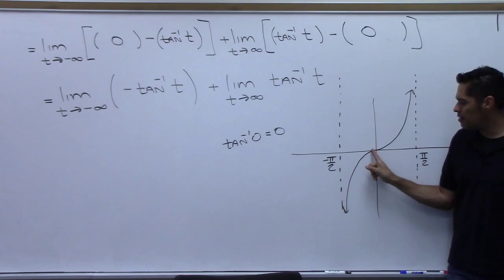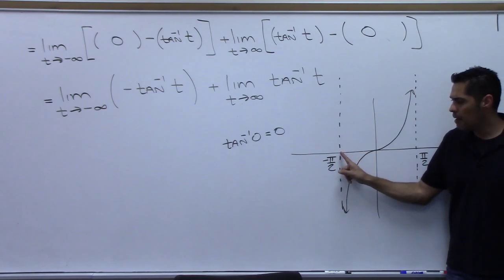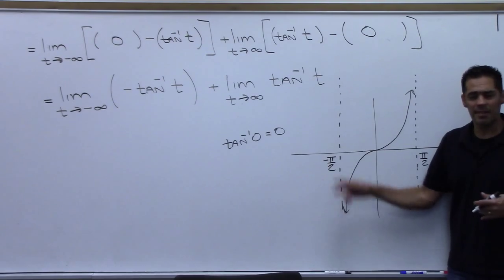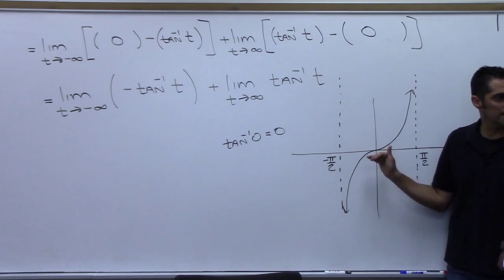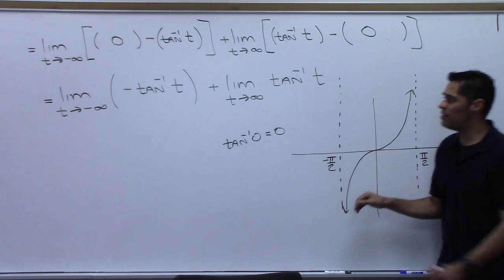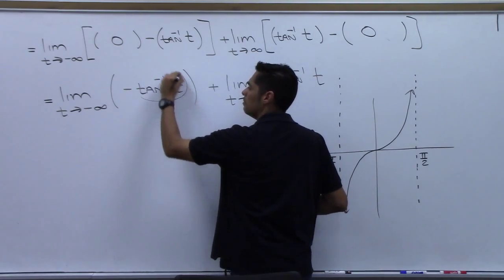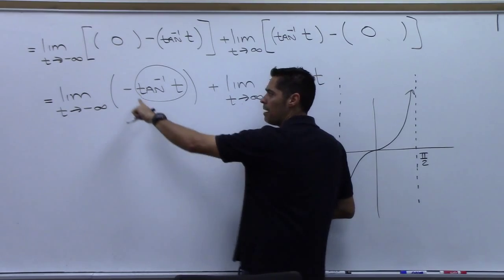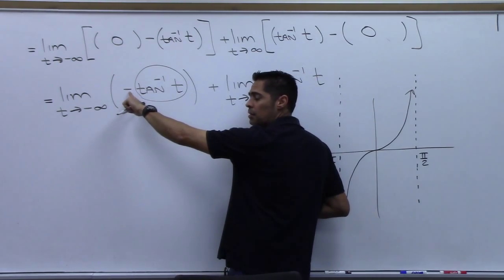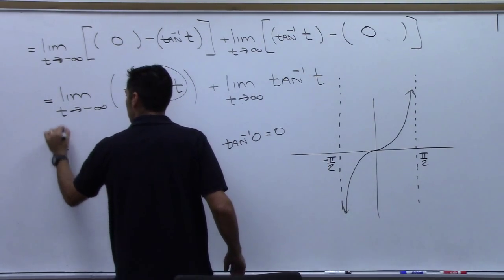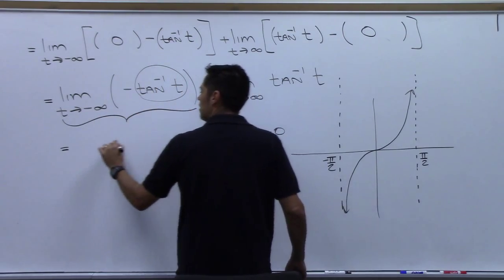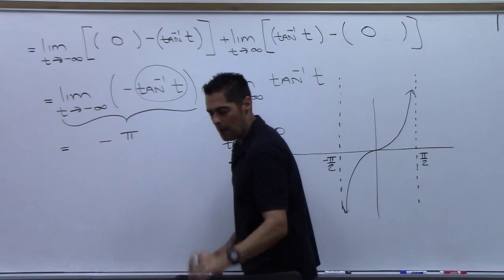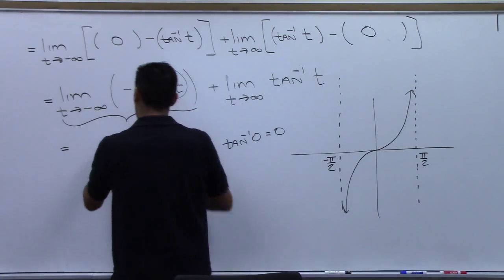You have to actually let your x value approach what? Negative pi over 2. Now you can never be there, but this is a limit. You're allowed to do this if it's a limit. So what I can tell you is that this right here is approaching negative pi over 2. But be careful, there was a negative in front, wasn't there? Okay, so what I have from this first limit, everything here is negative pi over 2, or minus negative pi over 2.